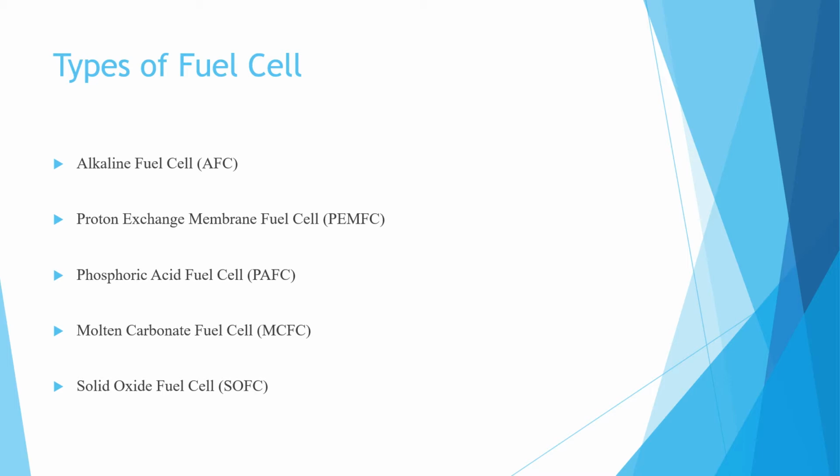Number 4 is the molten carbonate fuel cell or MCFC. And the last one is the solid oxide fuel cell or SOFC. So students, these are the basic 5 types of fuel cell. So let's elaborate on them.